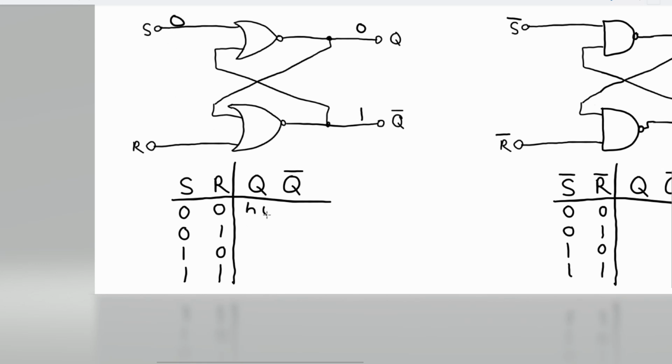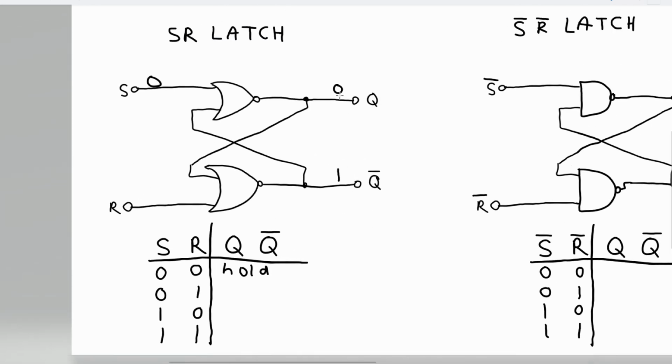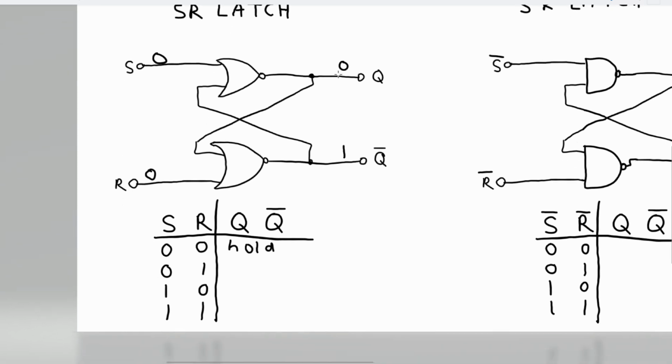It will hold whatever value is on the outputs. So if 0 and 1 are on the outputs, and you send 2 zeros, it will just remain 0 and 1. And if it was 1 and 0, then it would be the same.